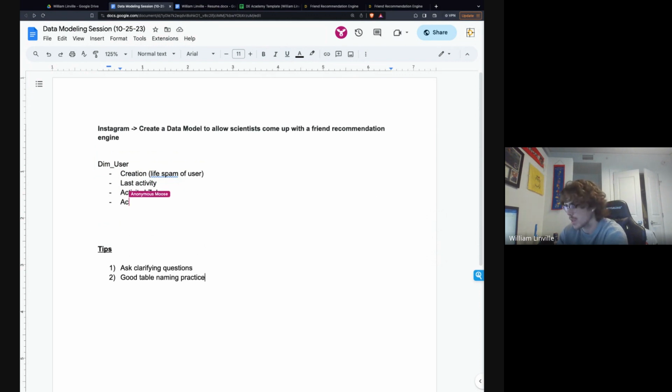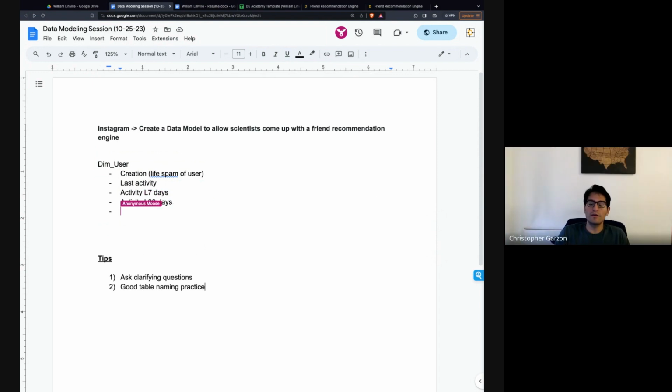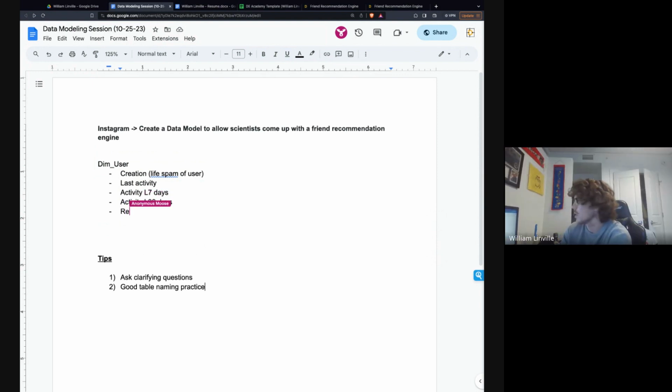Could even be activity in the last 30 days. Activity, what? Region. So this could be a list of values in terms of what they've been doing over the last 30 days. That's actually a great question.